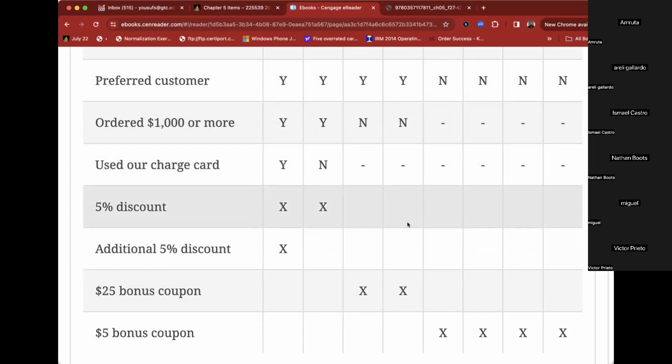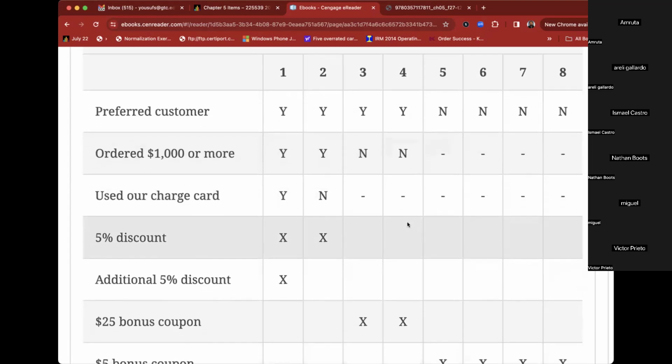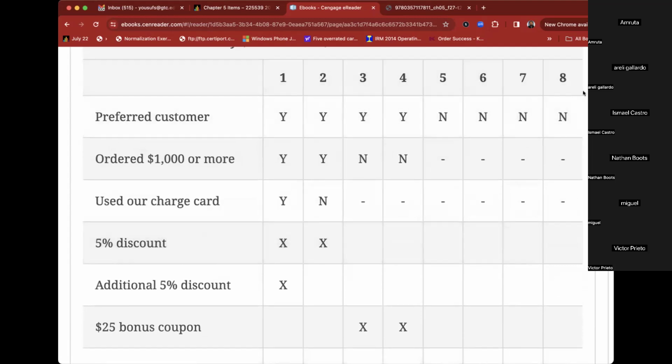That's about it. And then this leads us to how many unique cases do we have in this example? 4, right? Columns 1, 2, 3 and 4 are one case, and 5 through 8 are another. So we have 4 separate cases in this one. Everybody cool?